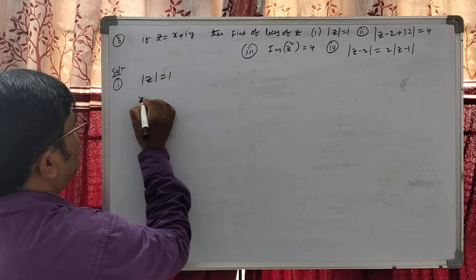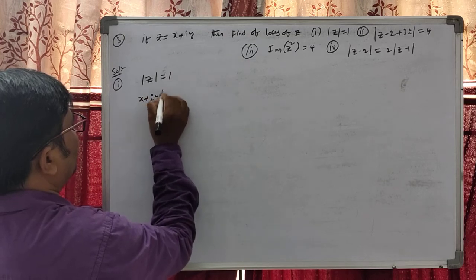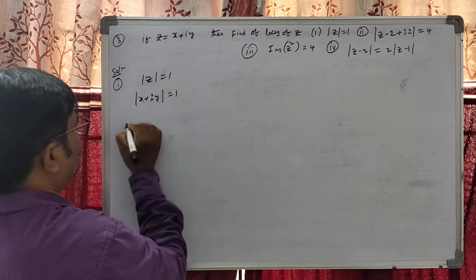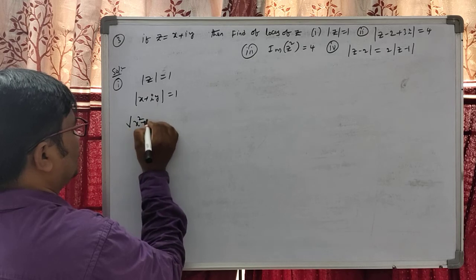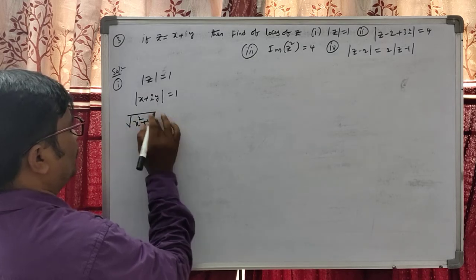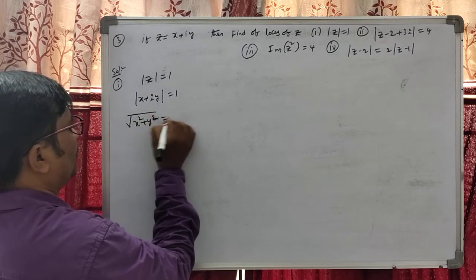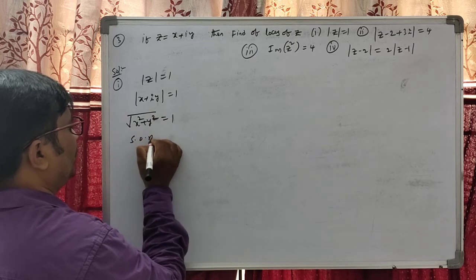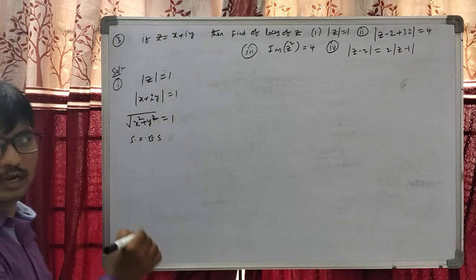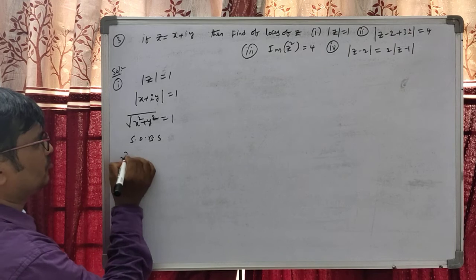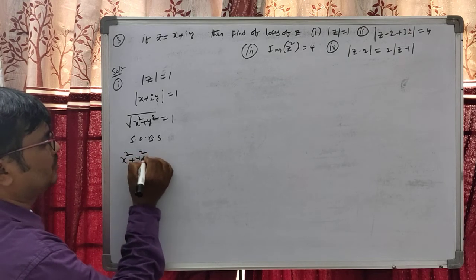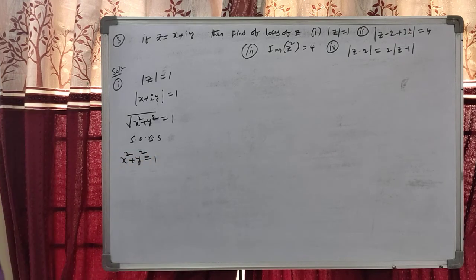Z is x plus iy. So this is the square root of x square plus y square, the mod. Squaring on both sides, x square plus y square equal to 1. This is the locus of z.